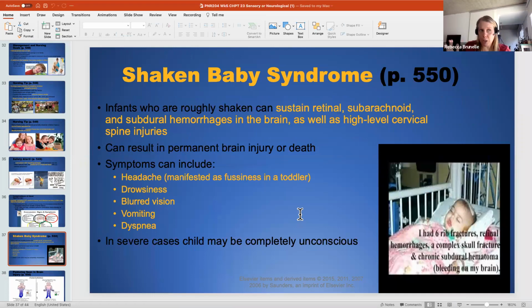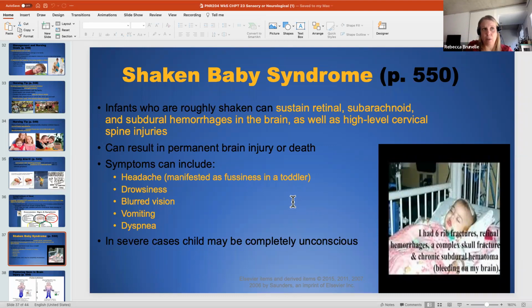So there are head injuries from sports or accidents, and then there's what we call non-accidental trauma: child abuse, and in infants, shaken baby syndrome. This is where you pick up your baby and shake your baby and the brain moves back and forth within the skull. It can cause increased intracranial pressure and bleeding.